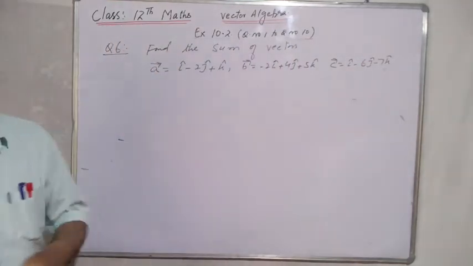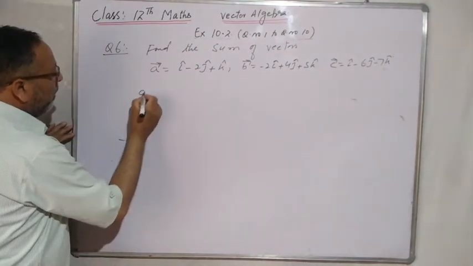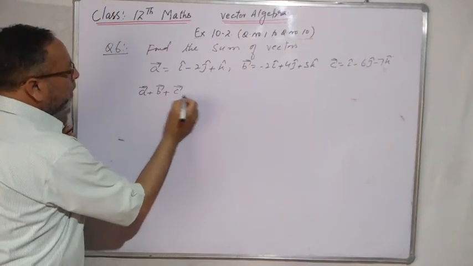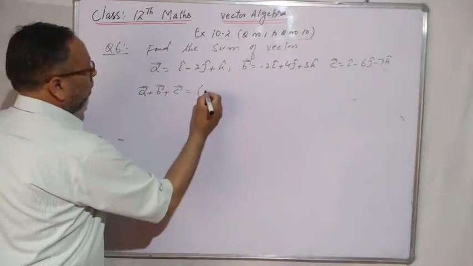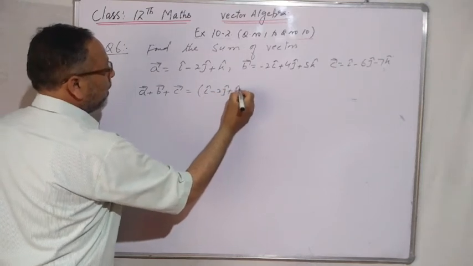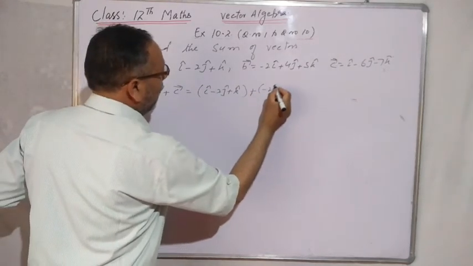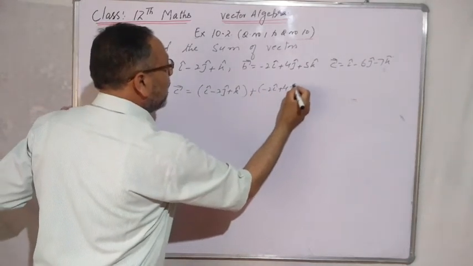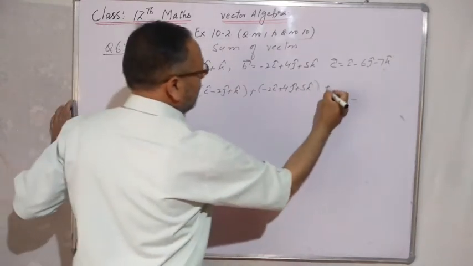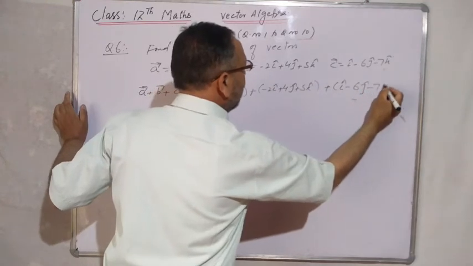You have to find the sum of these vectors. Here we have to find vector A plus vector B plus vector C. It is equal to I cap minus 2 j cap plus k cap, plus minus 2 I cap plus 4 j cap plus 5 k cap, plus I cap minus 6 j cap minus 7 k cap.